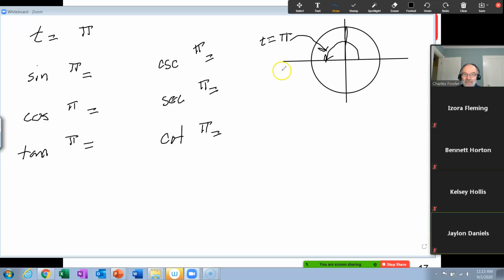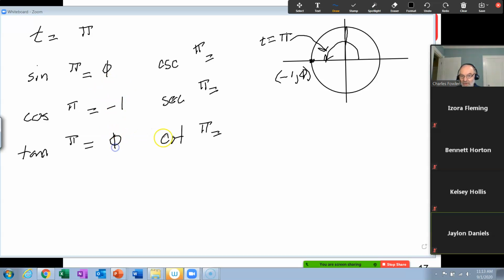Okay, what's the coordinate point right here? This point right here? Easy, easy. -1, 0, right? And from that point, you can write in sine of pi is the y value, 0. Cosine is the x value, -1. Tangent is the ratio of those two.